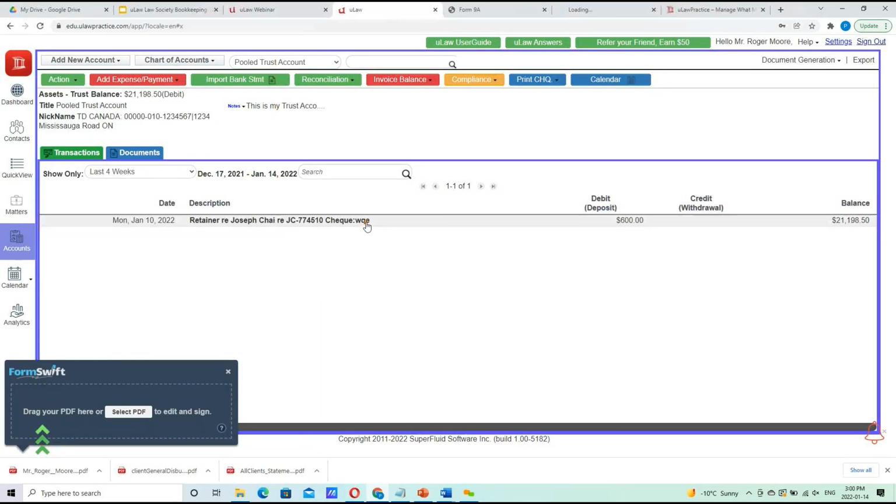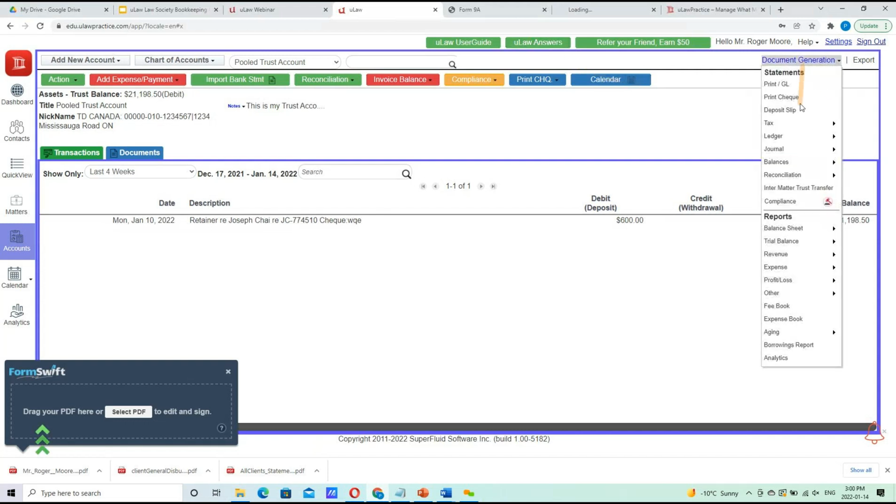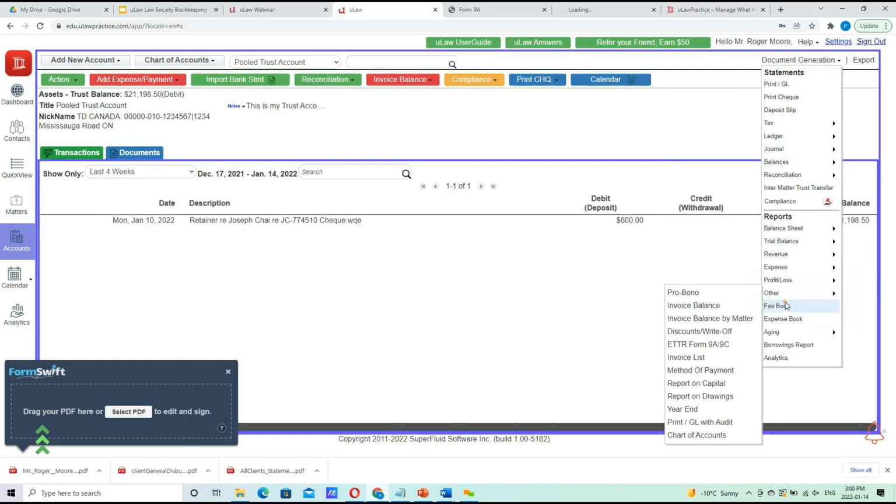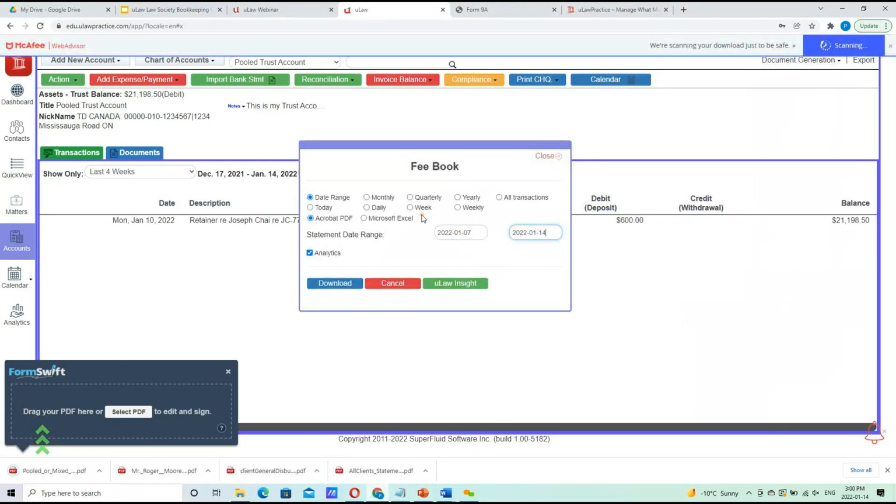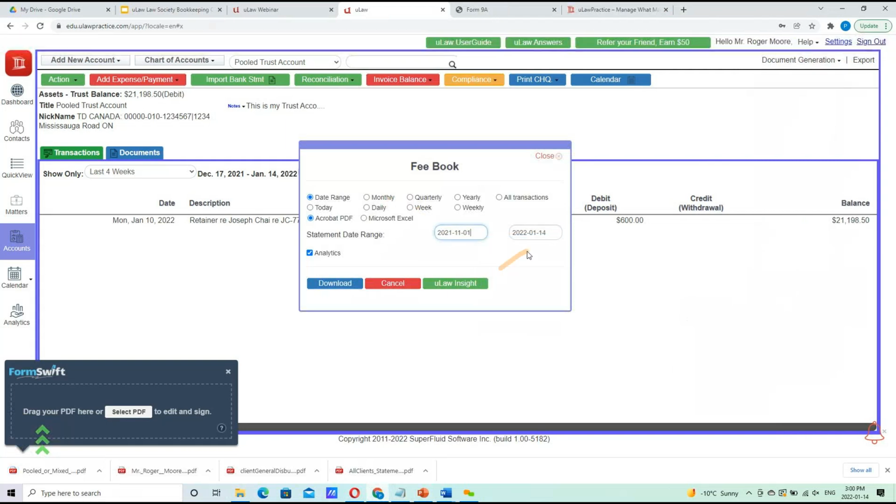I'm just going to wait for the trust reconciliation document to load, but in the meantime I'll generate that final document. The fee book. And I'll generate that for the month of November as well.